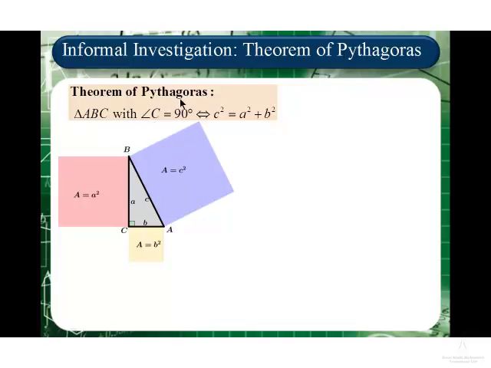If that is the case, we say that the side lengths, small a, small b, and small c, for this particular right triangle are such that the square of the side length of the hypotenuse is equal to the sum of the squares of the side lengths of the other two sides of this particular right triangle. Now that is just a statement of the theorem of Pythagoras, a very famous theorem.